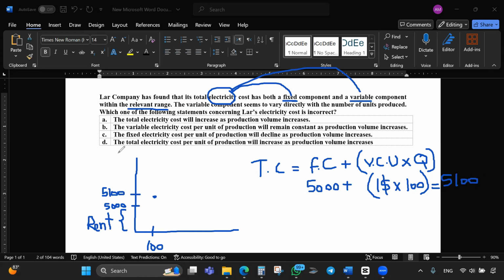Let's say that we increased our production to 200 units. The fixed cost will remain fixed at 5,000 because it is a fixed cost. And the unit will cost us $1, which is a constant amount.